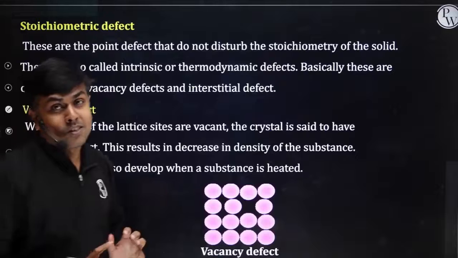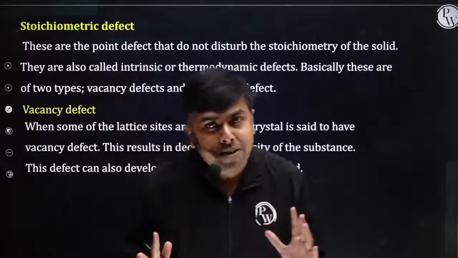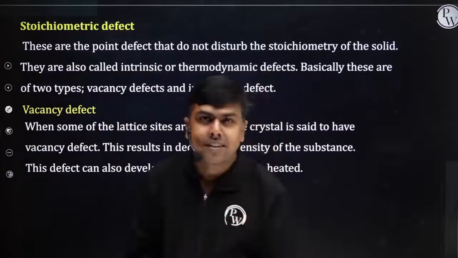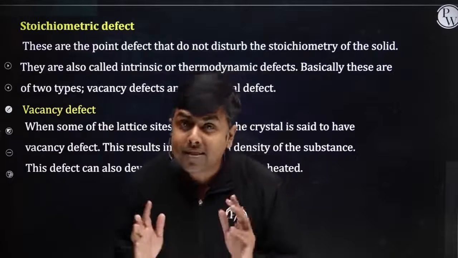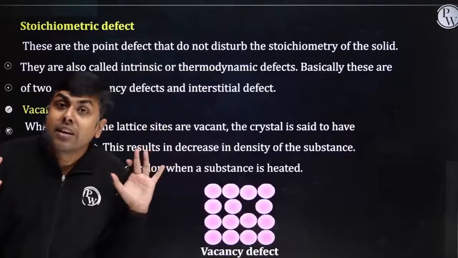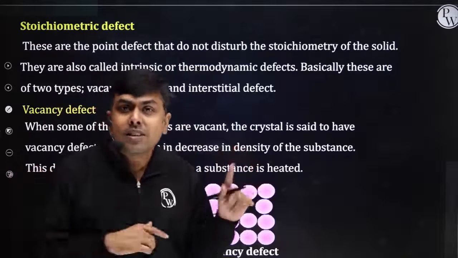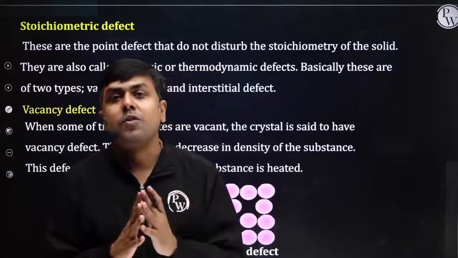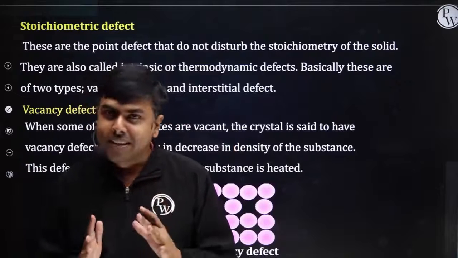Student, let's first of all talk about the stoichiometric defect. First of all, it's a point defect. In such defect, the stoichiometry of the molecule, the stoichiometric ratio, does not get disturbed. Am I clear?